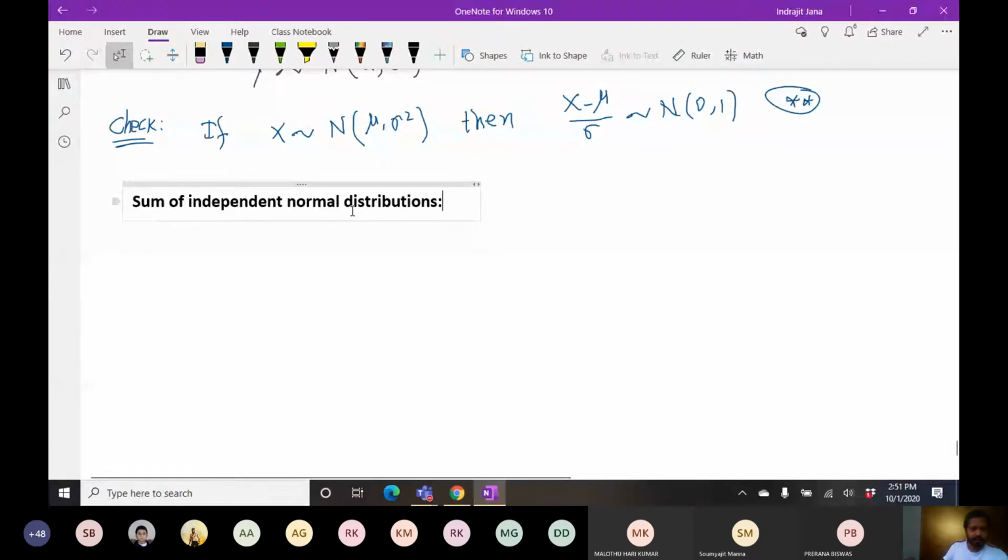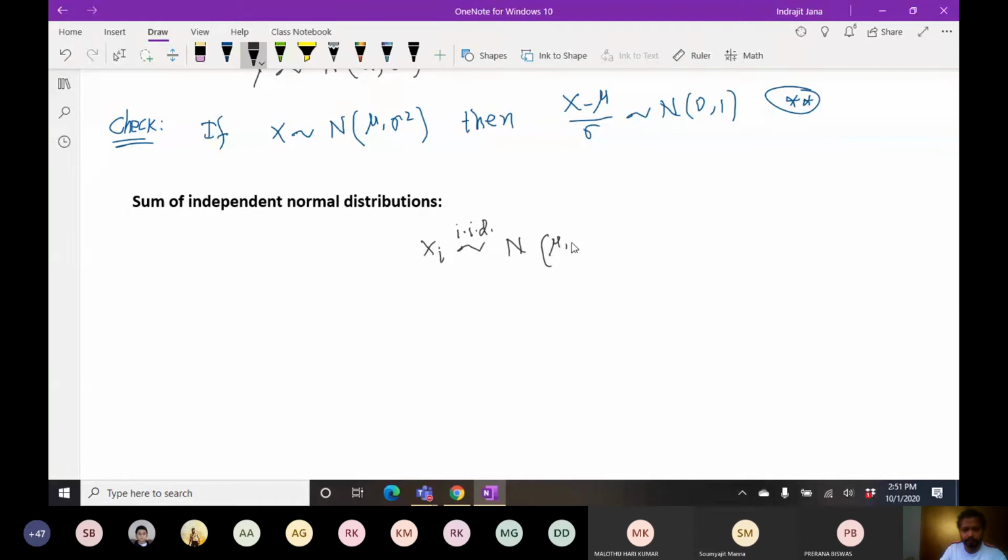Suppose we have this exercise. Suppose x1 through xn are independently and identically distributed normal mu sigma square. So each xi is normal mu sigma square independently, for i equal to 1 up to n.